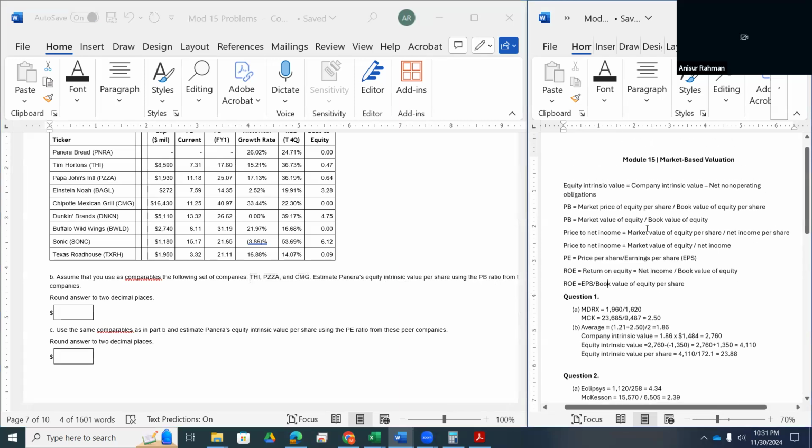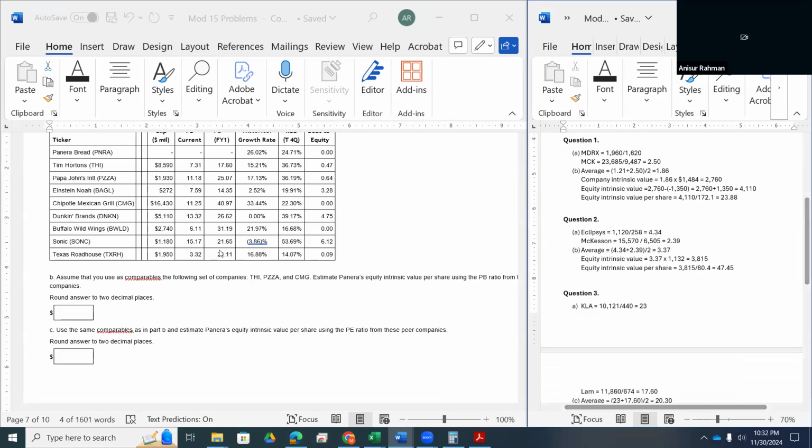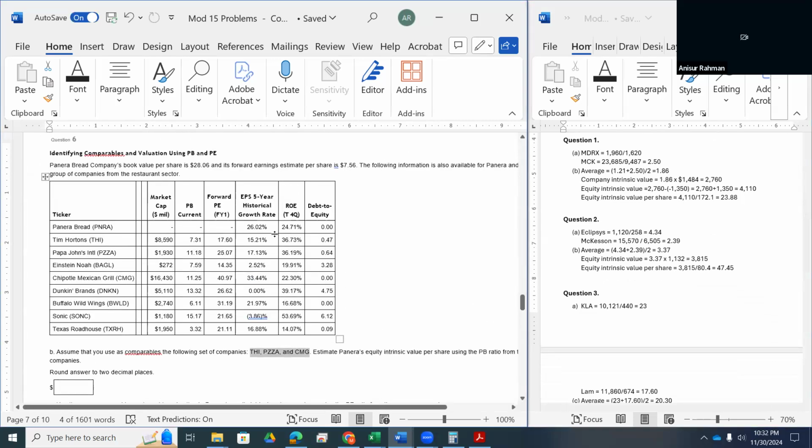Again, how do we calculate PB, or price to book ratio? PB is short for price to book. Market price of equity per share divided by book value of equity per share. So let us calculate that.